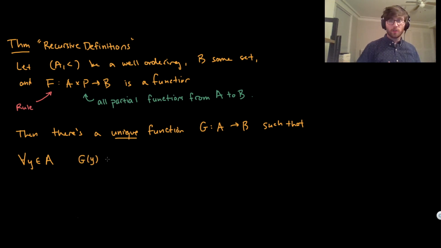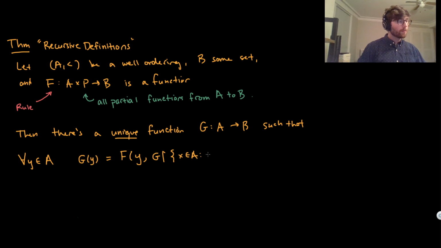This is supposed to be the yth recursively defined element. How do we figure out what that is? Well, it's going to be what the rule tells us to do when we have access to all the previous elements. So this is going to be what our rule F tells us to do when we have access to y, right? If we're plugging in y, we should be able to use it as a parameter. And what's our partial function? Our partial function is going to be G restricted to all of the previously defined values.